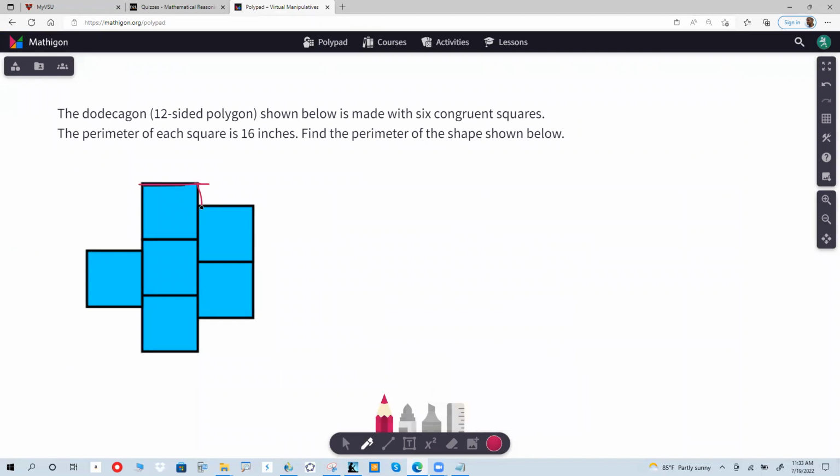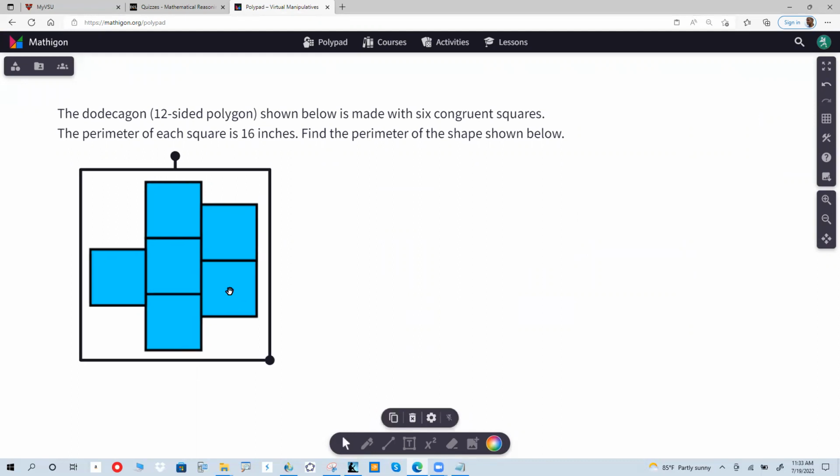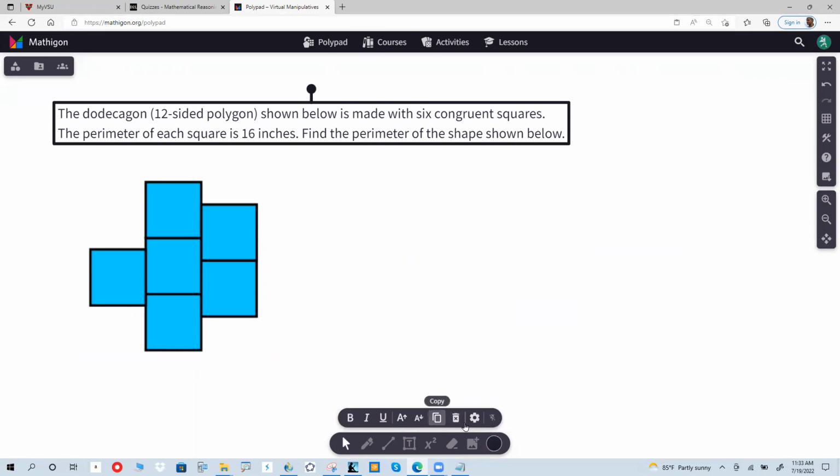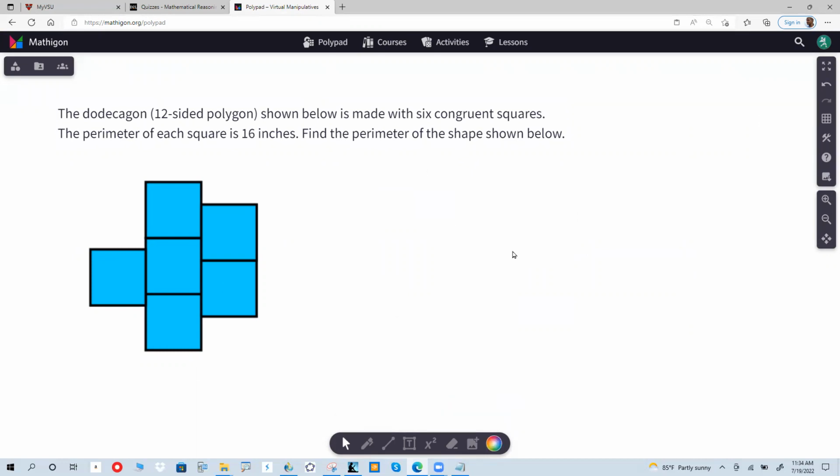1, 2, 3, 4, 5, 6, 7, 8, 9, 10, 11, 12. So it's a dodecagon, that's for sure. Okay.